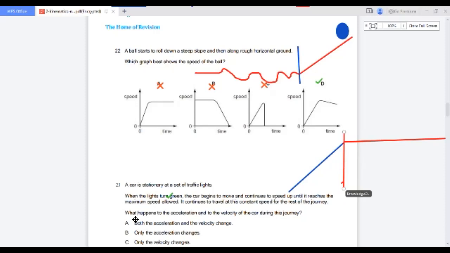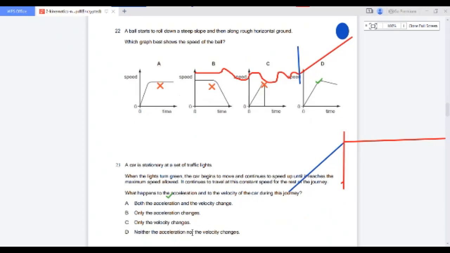So option D is correct, because neither the velocity nor the acceleration is going to change. So the correct option is D, and these are incorrect options.